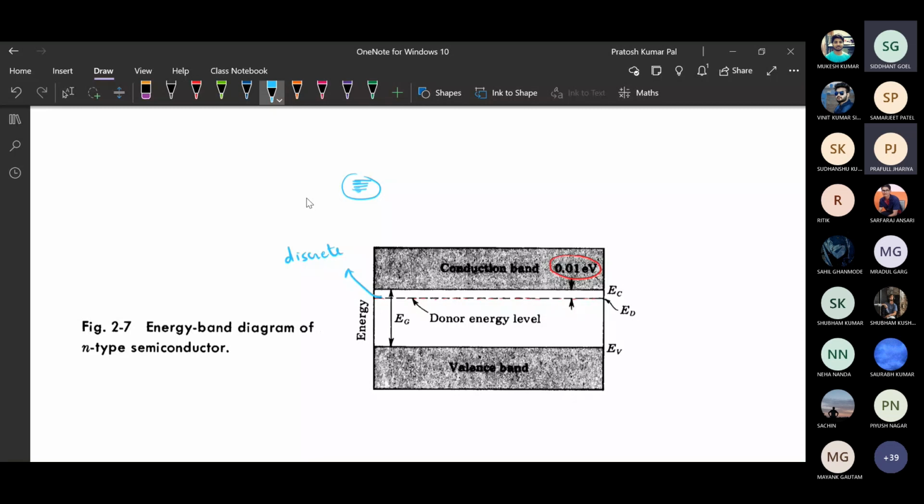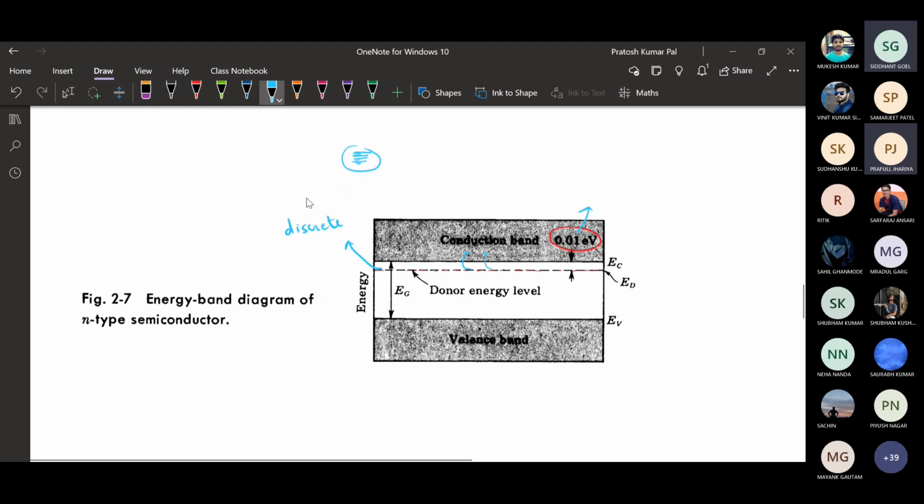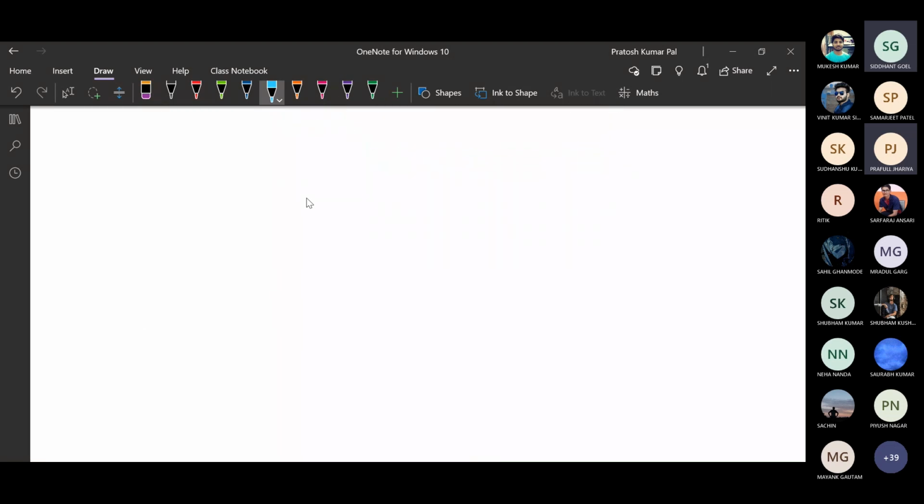Once we are able to provide this much energy, the electrons will pass from the donor energy level to the conduction band. This is how current conduction takes place when a donor type of impurity has been added. Now, next, we are going to add an acceptor type of impurity.